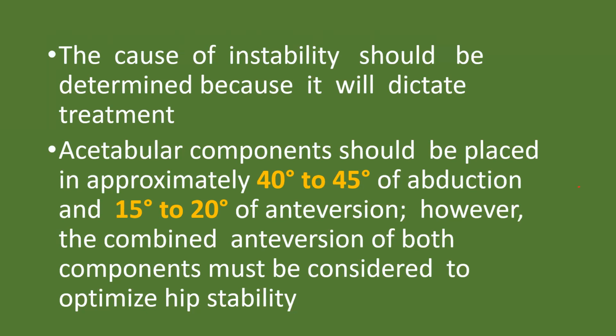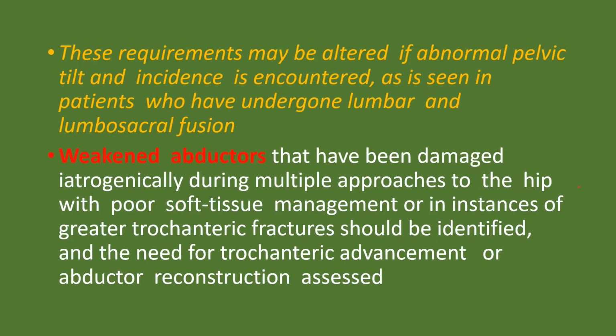Acetabular components should be placed in approximately 40 to 45 degrees of abduction and 15 to 20 degrees of anteversion. However, the combined anteversion of those components must be considered to optimize hip stability.